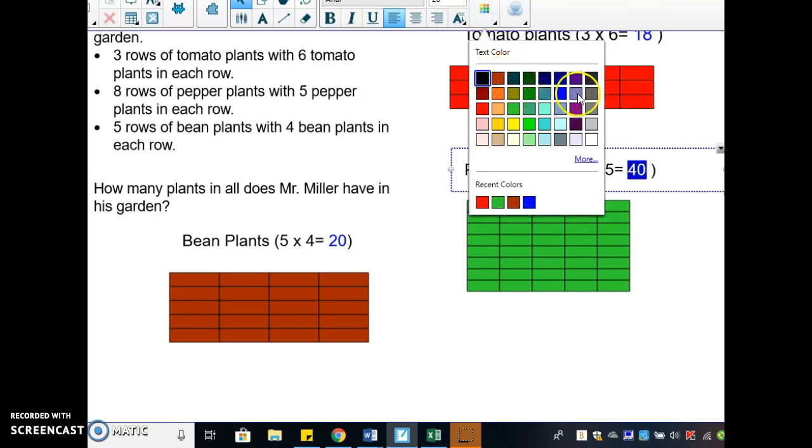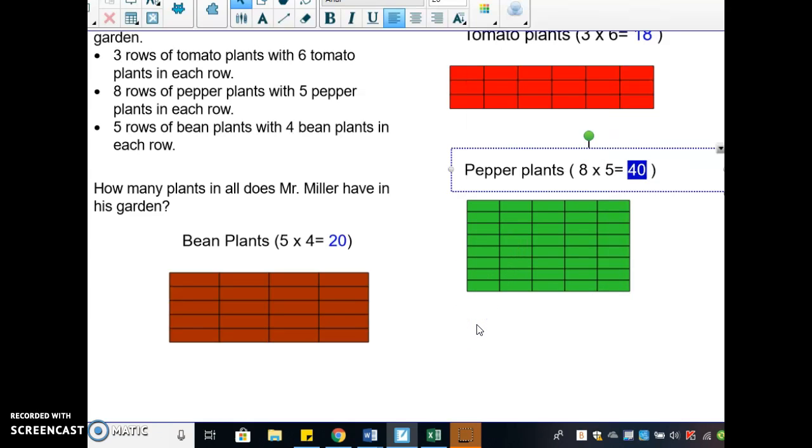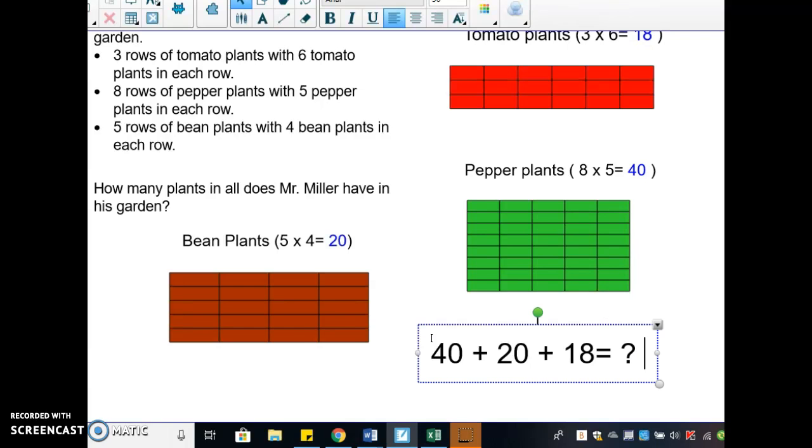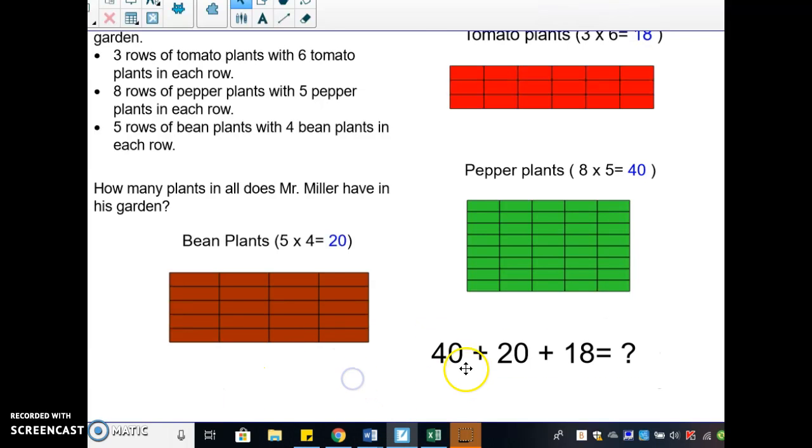And I want to rewrite that so I can clearly see what I'm adding. So I'm just going to type it down here. 40 plus 20 plus 18 equals, well, I know 40 plus 20 is 60.